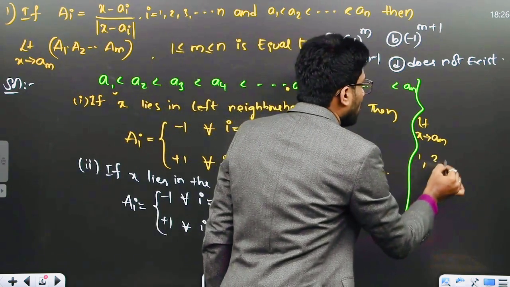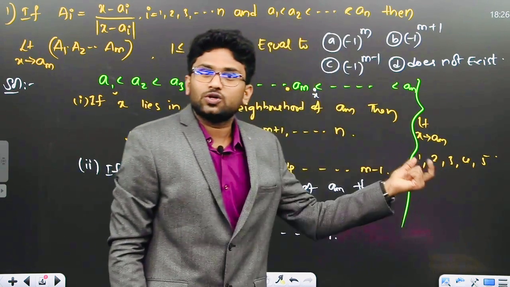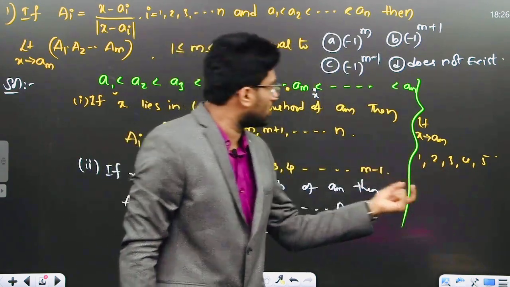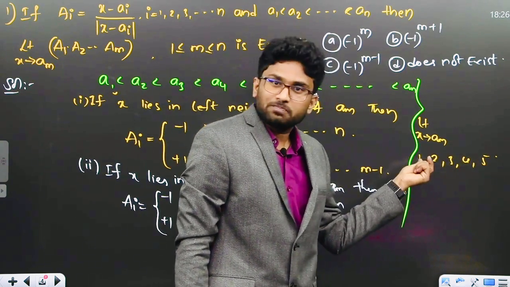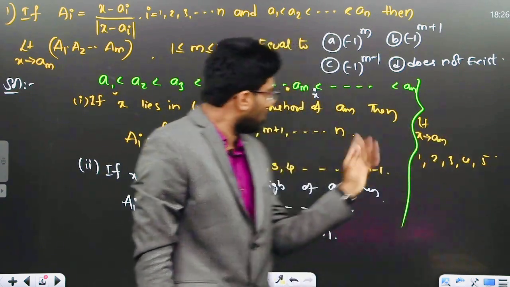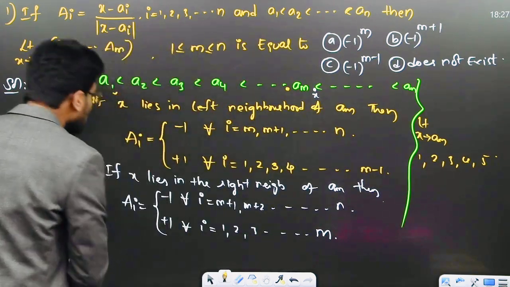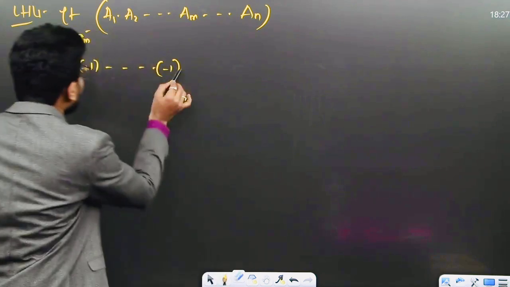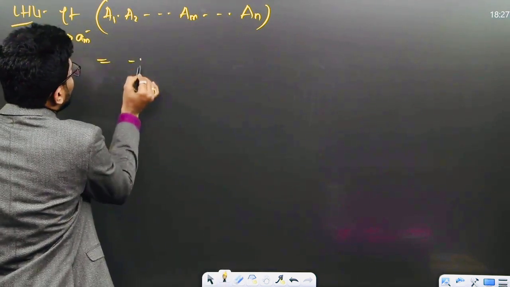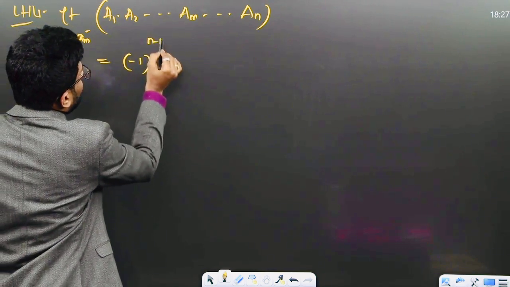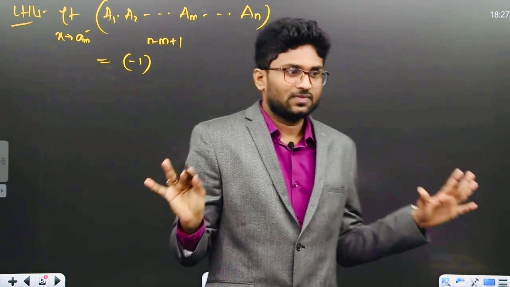Suppose you have 1, 2, 3, 4, 5 terms. Now if you wish to check the total number of terms, last minus first, 5 minus 1, add 1 to that, that's it. Now n minus m plus 1. So here you get simply this particular limit value is going to be minus 1 whole raised to n minus m plus 1. That's it. I hope you have understood.